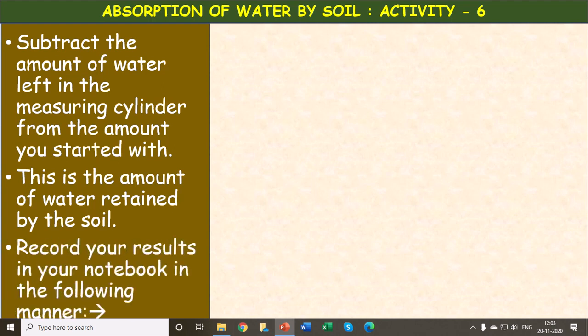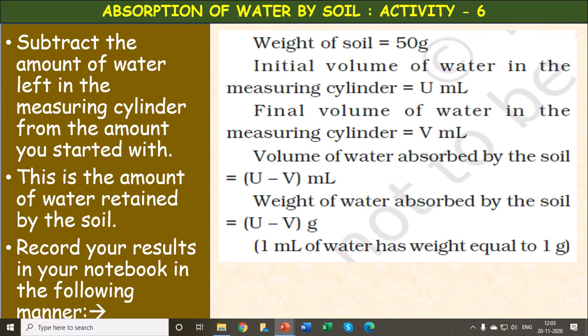in the following manner. Here you can see weight of the soil 50 grams, initial volume of the water in the measuring cylinder, let it be capital U ml, and the final volume of water in the measuring cylinder, that is capital V ml. We have divided the volume of water in the measuring cylinder into two parts: the initial volume capital U ml and the final volume capital V ml.